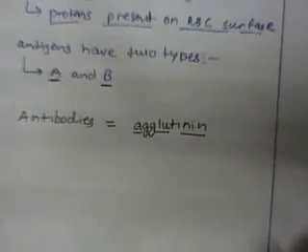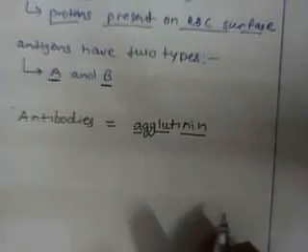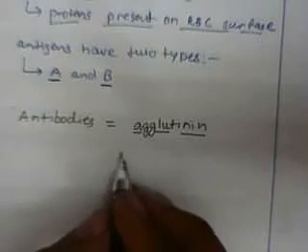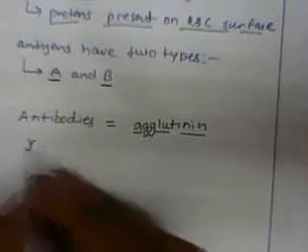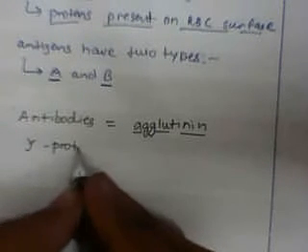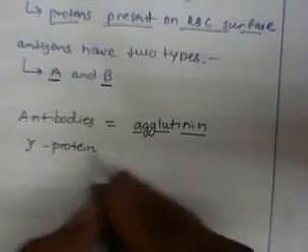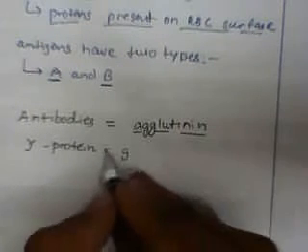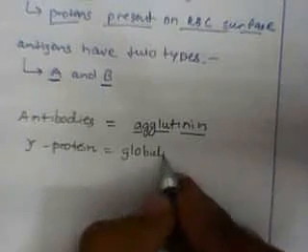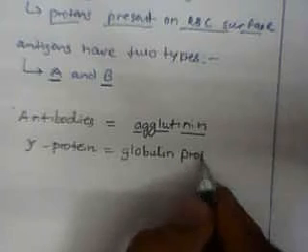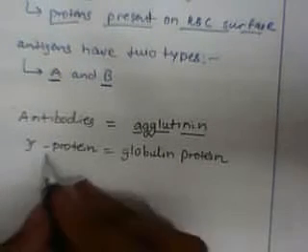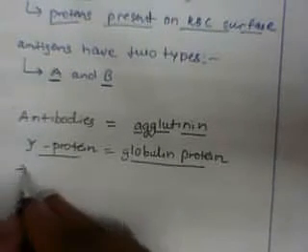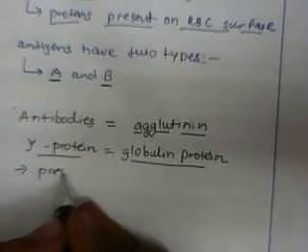This is what they are known as. And this is not a protein which is present on the RBC surface, but this is a gamma protein, also known as a globulin protein, so these are actually present in the plasma.